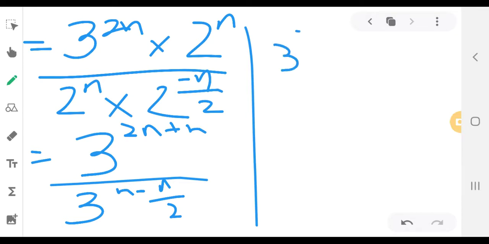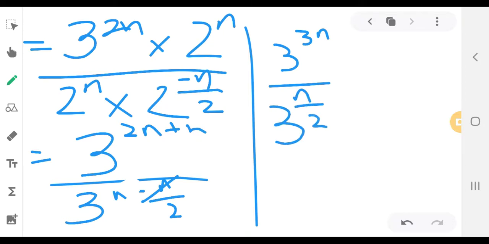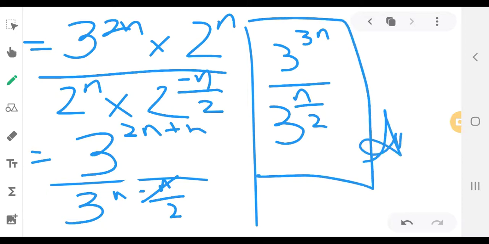So this will be 3 raised to 3n divided by, this will be cancelled, so sorry, not this one, minus n will be cancelled, so 3n upon 2. So this is the answer for question number 5.